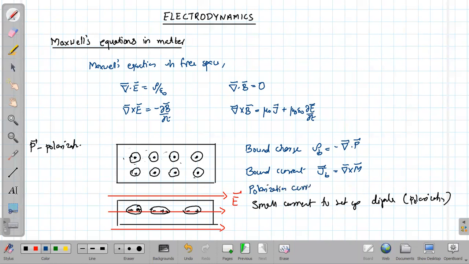So we can find its expression. If P is the polarization, then the surface charge density sigma P is given by P dot n. Then the current is dq by dt, which we can write as d sigma P by dt into dA.